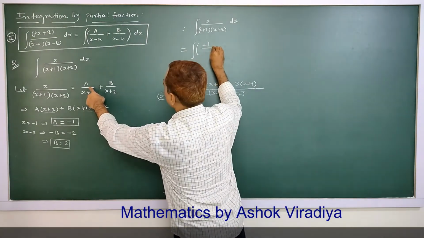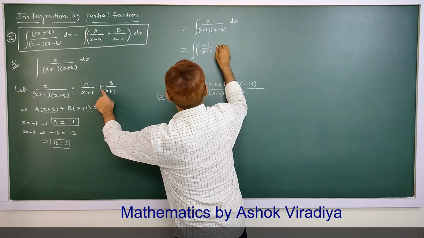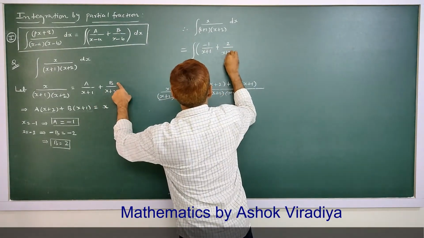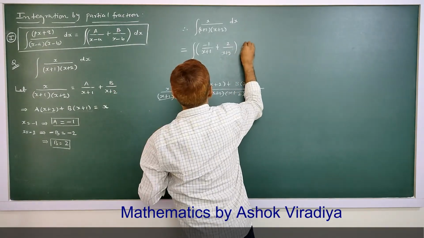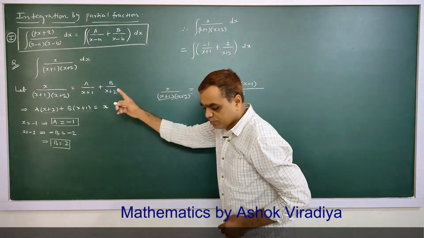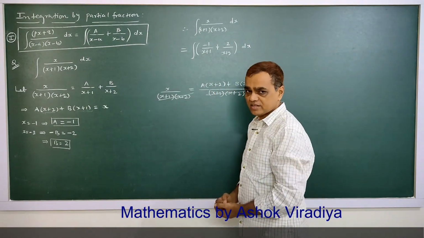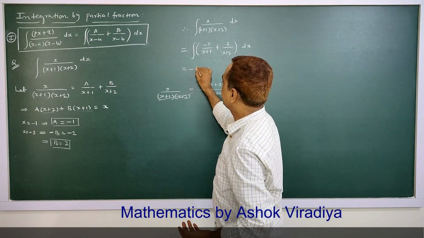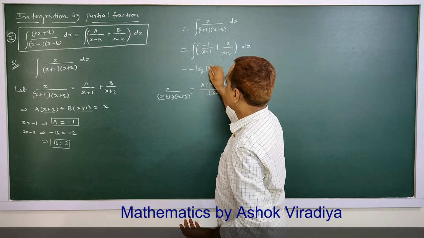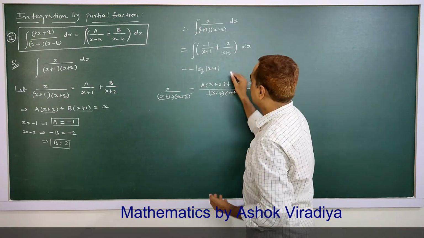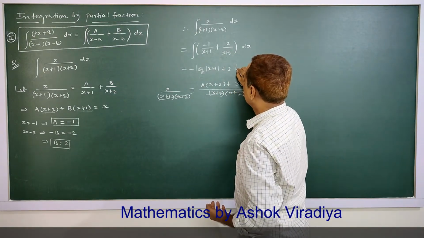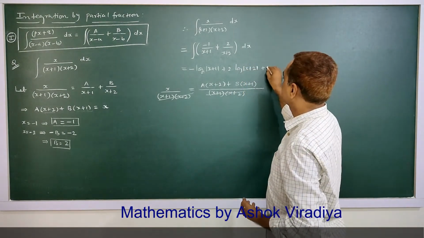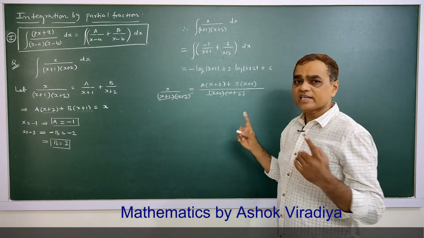So minus 1 upon x plus 1 plus, what is b? 2 upon x plus 2 dx. So this was the procedure to find the values of a and b, and now this is integrable. So its integral is minus log modulus x plus 1 plus 2 times log mod x plus 2 plus c. So this is the required integral.